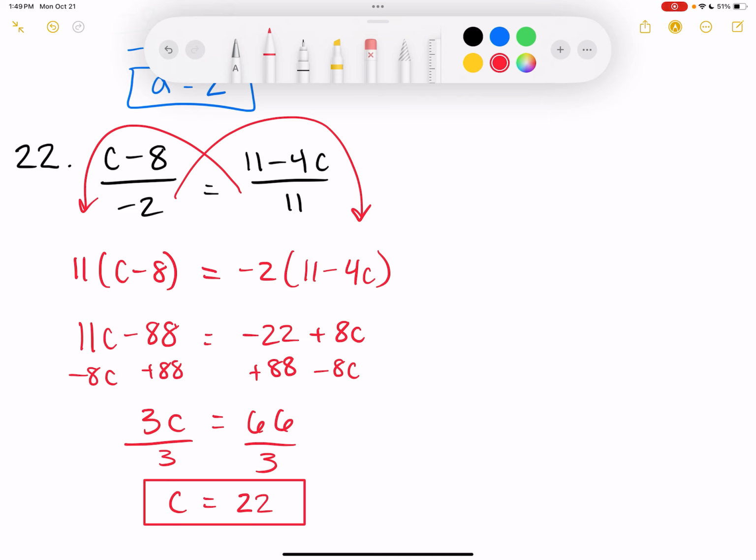Do we have an answer? c equals 22. Everyone agree?